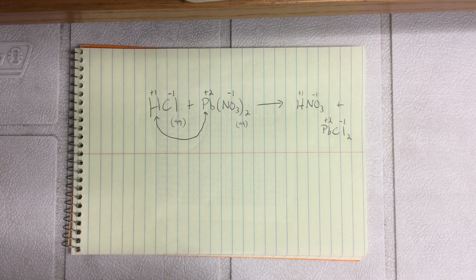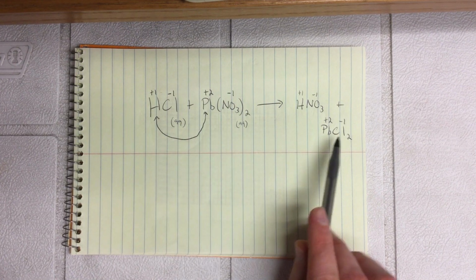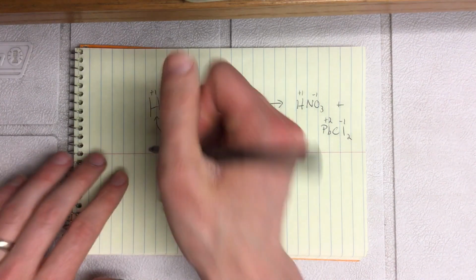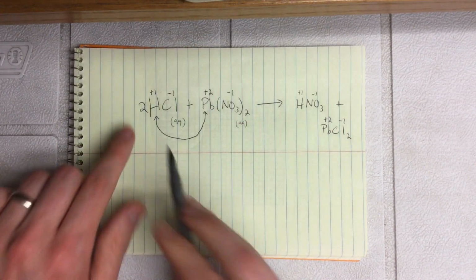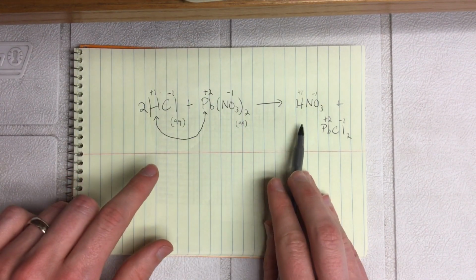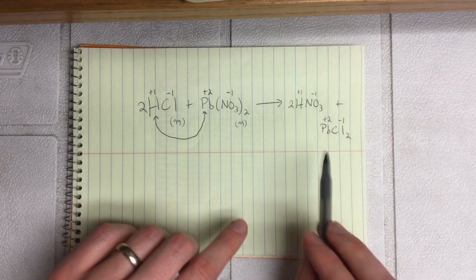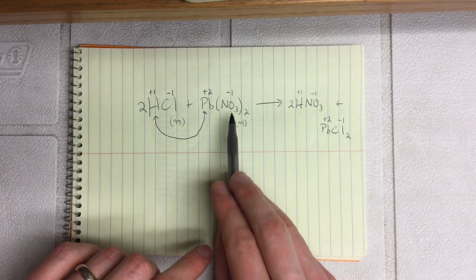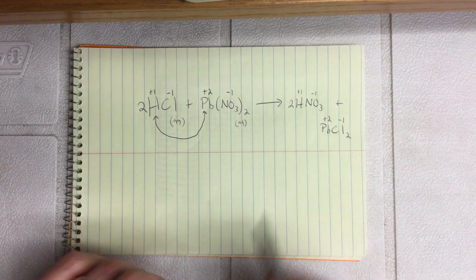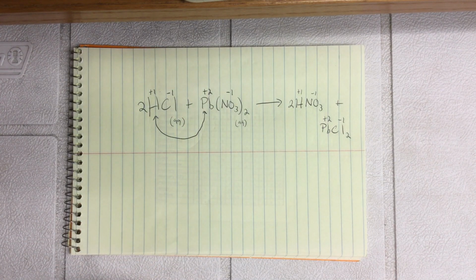Since you do have an imbalance in the ions, you have to go back and balance the whole equation. I have 2 chlorines, I have 1 chlorine, so I've got to put a 2 here. I have 2 hydrogens, I only have 1 hydrogen, so I've got to put a 2 here. Now I have 2 NO3s, 2 NO3s, 1 lead, 1 lead. So it's balanced.